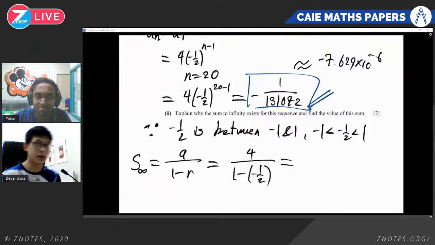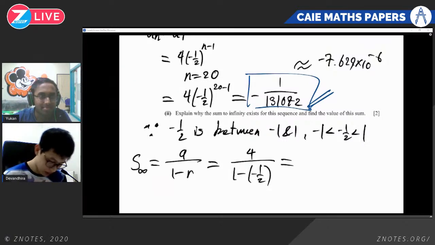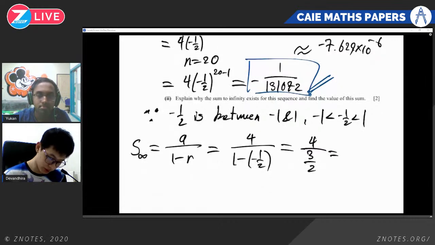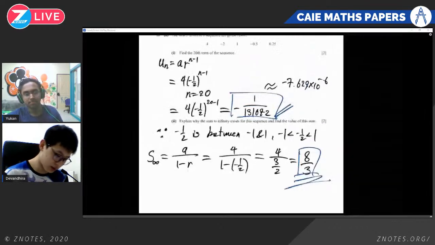Correct? That's our common ratio right there. And we have 4 over 1 minus is just 1 plus 1 over 2. That's 3 over 2. You can use a calculator to simplify this, but I can do this in my head. It's just 8 over 3. Yeah. And this is your final answer. Don't forget to box it.